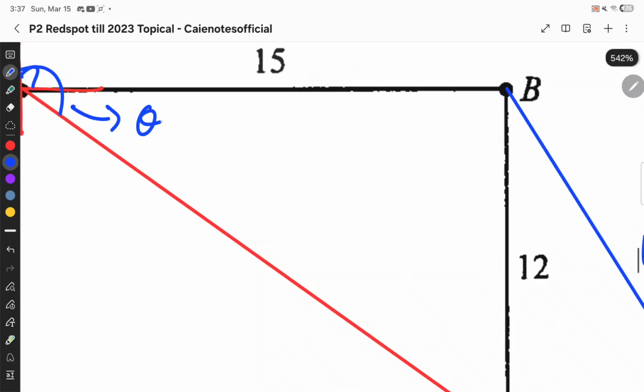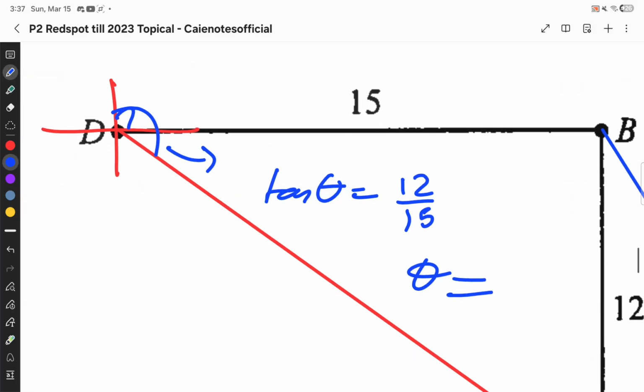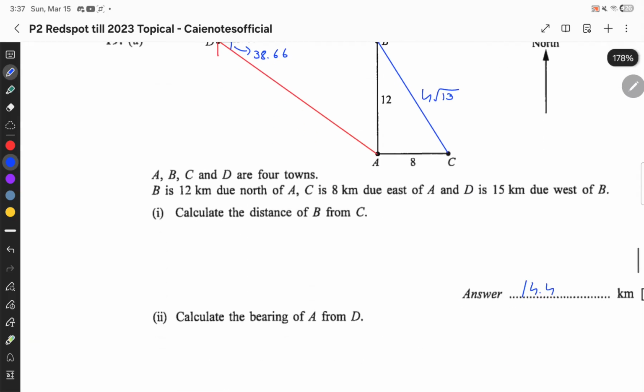This remaining angle theta will be inverse tangent of opposite over adjacent, inverse tangent of 12 over 15, which is 38.7. We are doing working, so this is 38.666.